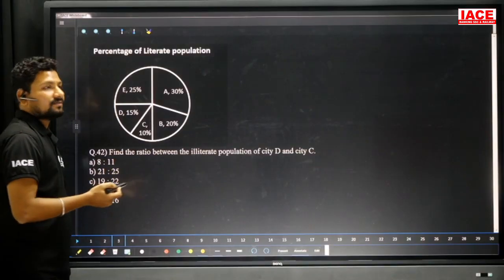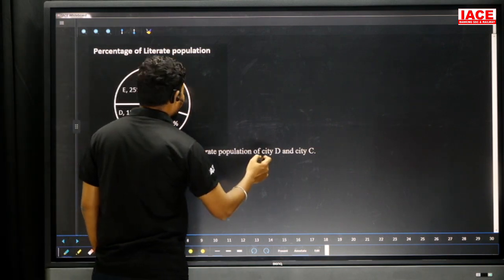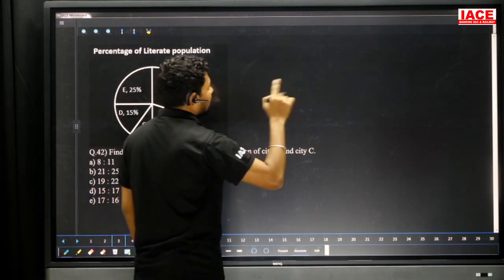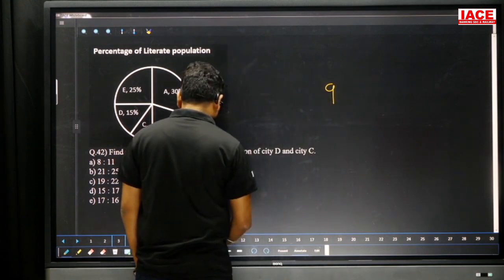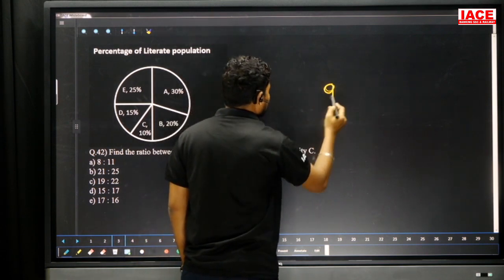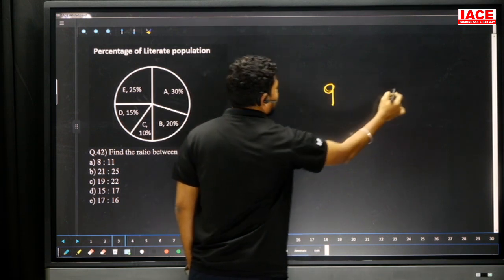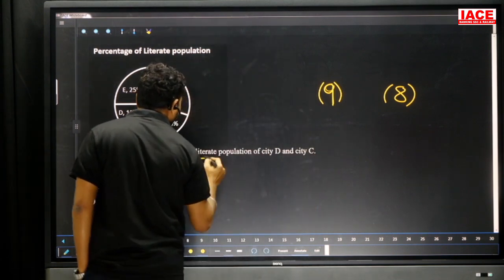Next, question 42 for the same data. Find the ratio between the illiterate population of city D and C. The ratio is 5, 7, 8, 9, 10. D is 9 parts and C is 8 parts. Particularly we require the illiterate population.